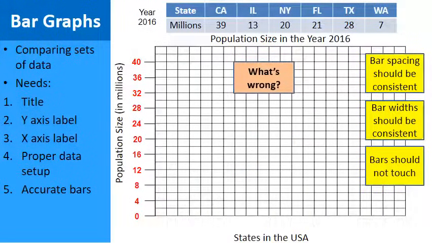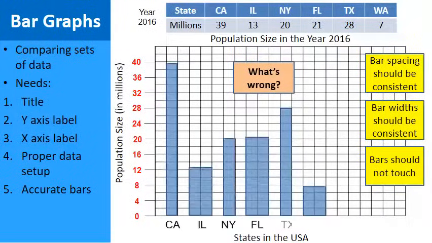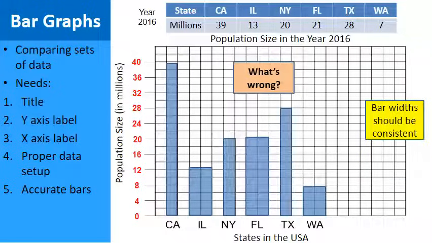Now, what's wrong with this graph? I hope you see what's wrong. The bar width should be consistent. In this case, I have skinny bars and fat bars. I'm supposed to pay attention to how tall the bars are, not how narrow or wide they are. This makes me think that there's something significant about the narrowness or the fatness of the bar, when in reality there isn't. It's the tallness of the bar that matters.